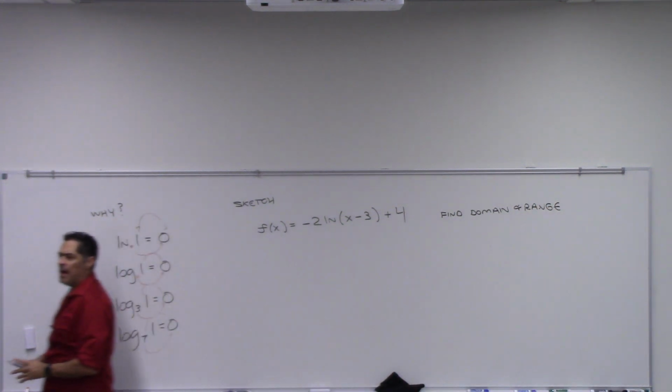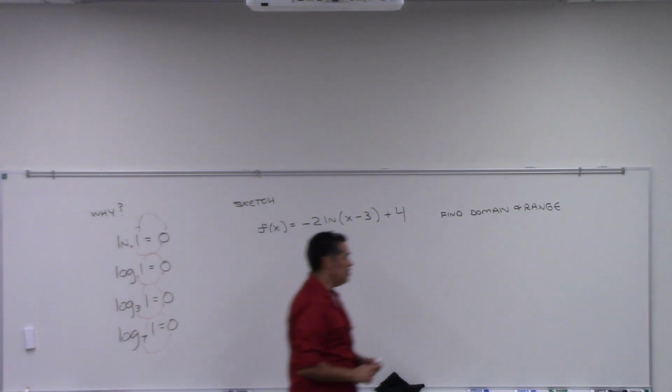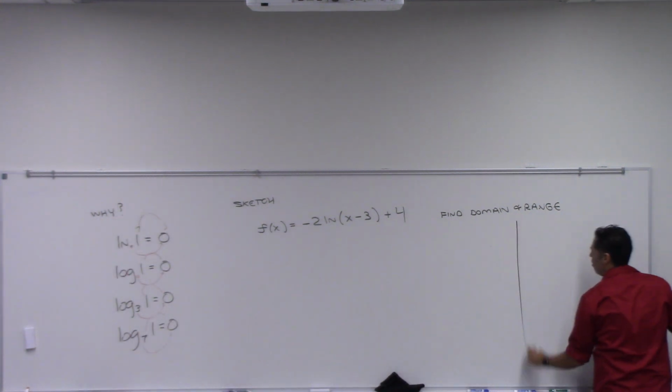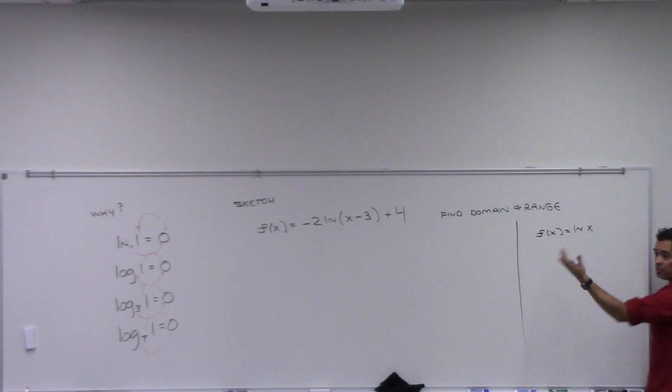All right, this goes back to the idea of translations, shifting up, down, left, right, reflections, stretching things. We now have a new function in our toolbox. The new function that we all need to know what it looks like is f of x equals natural log of x, which we just graphed, right?